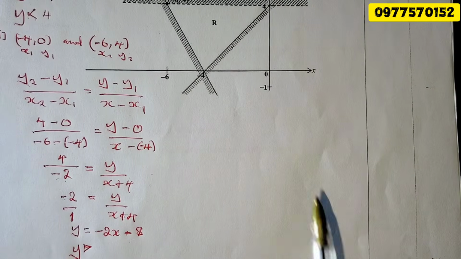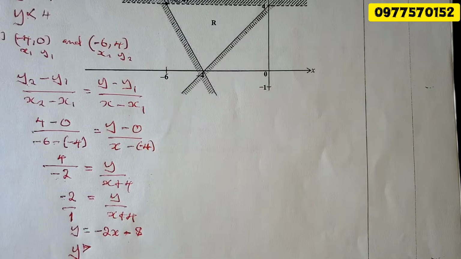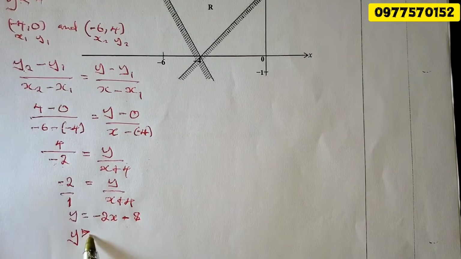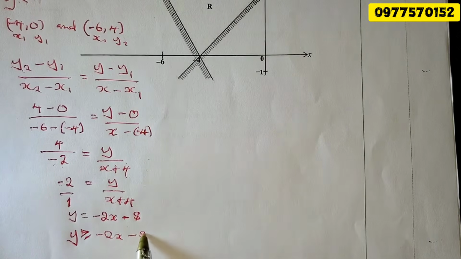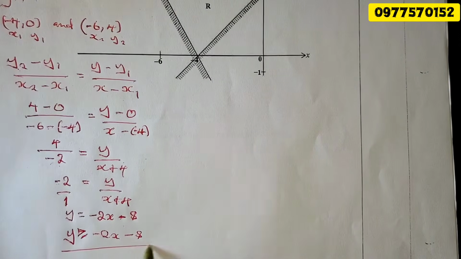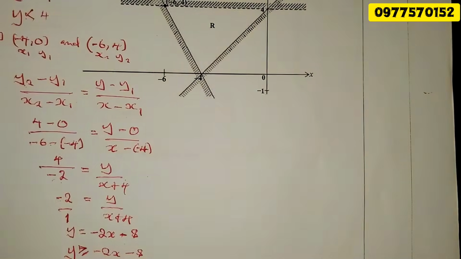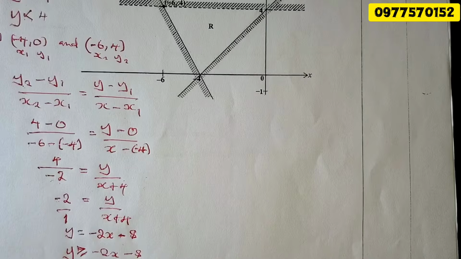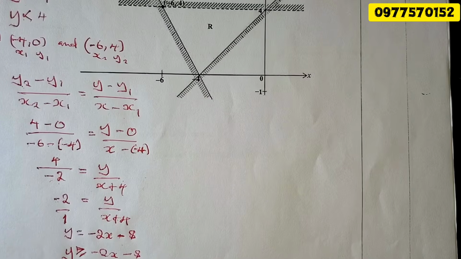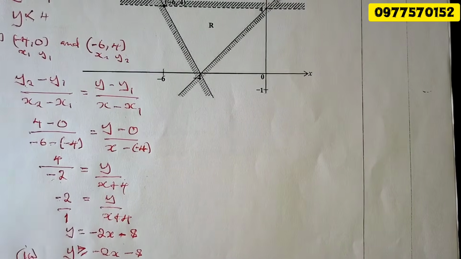Then check. The line is a solid line. So we're going to write or equal to negative 2x minus 8. Okay? And this is the second inequality. Alright, number 2.